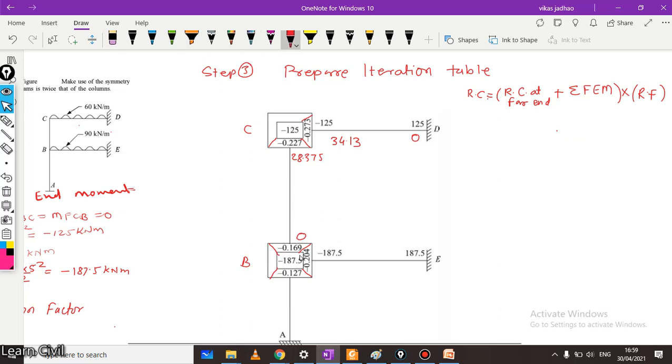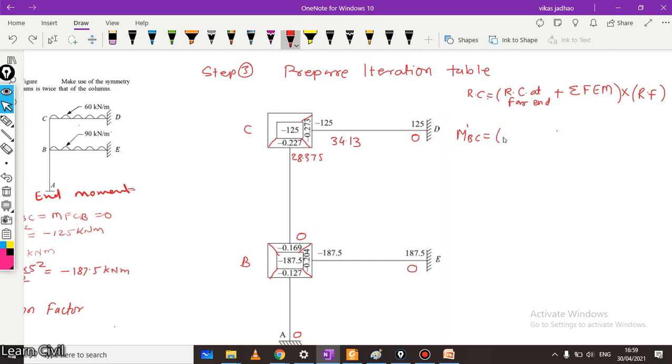For members meeting at joint B, rotation contribution for BC, that is M dash BC, is equal to rotation contribution at far end. Here nothing is there, we will consider 0. Here nothing is there, we will consider 0. But here we have plus 28.375.